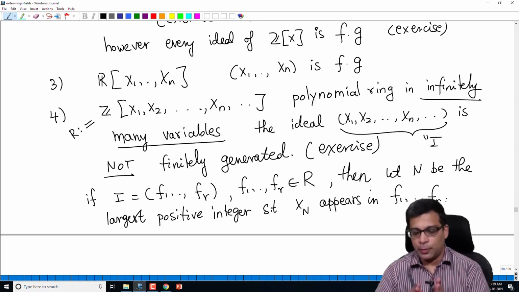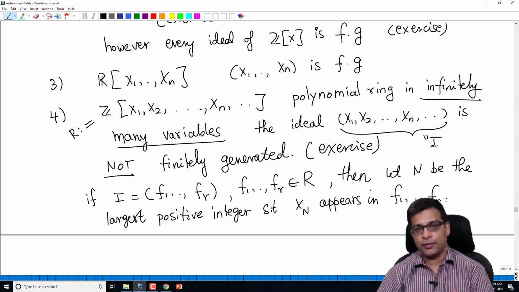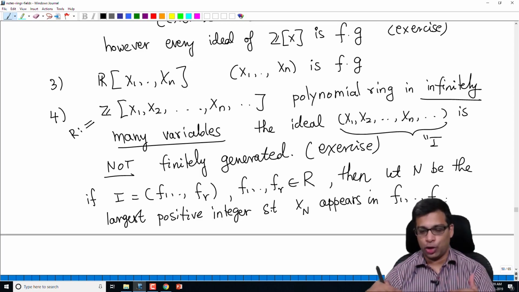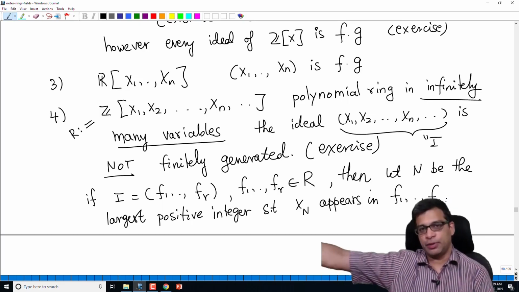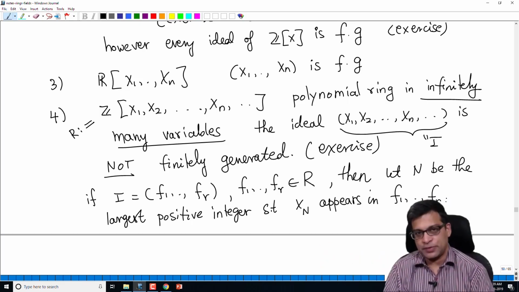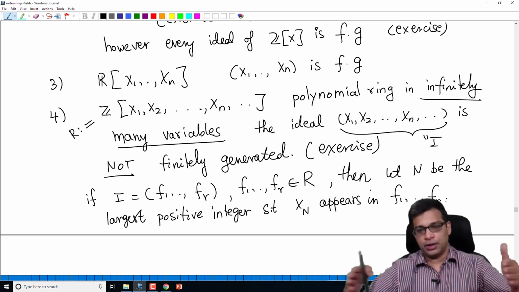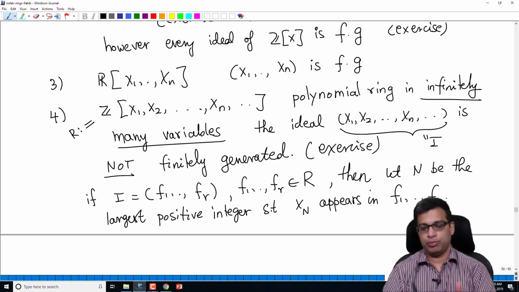That is because, remember, though we are working inside the polynomial ring in infinitely many variables, a specific element is a finite polynomial. So it can have only finitely many terms. It may have x 1 million, x billion and so on, but it must stop somewhere. So f1 is a finite sum of terms.